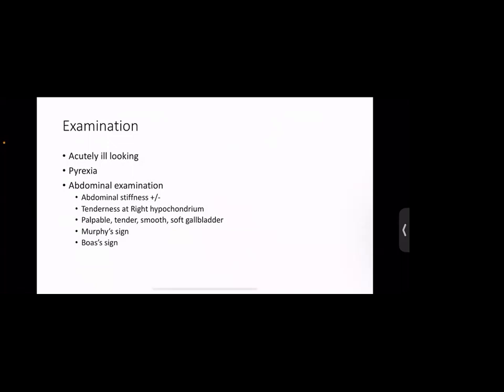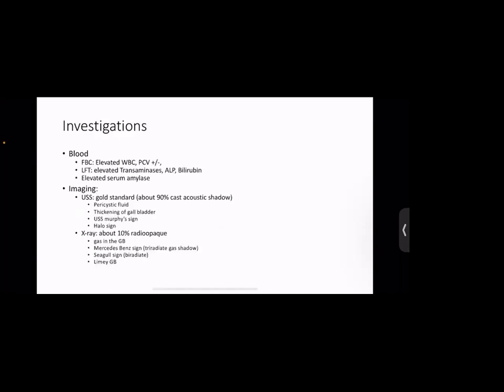Murphy sign is a sign elicited during mid-inspiration when you're trying to palpate the liver, and you ask the patient to inspire air and hold the inspiration. There's tenderness felt at deep inspiration. Then there's Boas sign. Boas sign is the sign elicited at the back, around the 9th and 10th rib. It is usually present in most cases of patients that have cholecystitis.